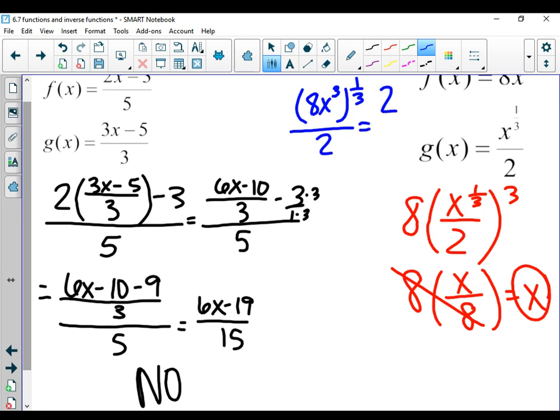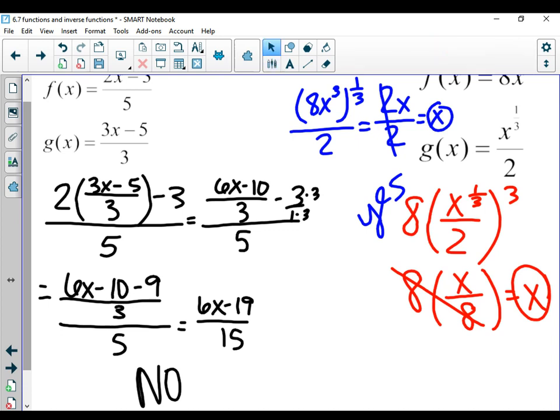And 3 times 1/3 gets me 1, which gets me x. So this one is a yes. They are inverses of each other, okay? So they both have to equal x, f of g of x and g of f of x.